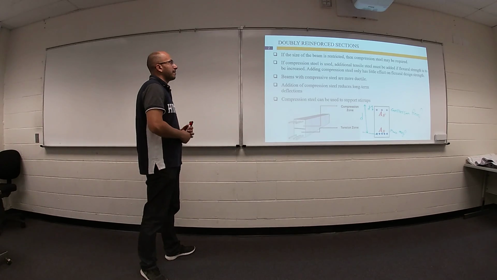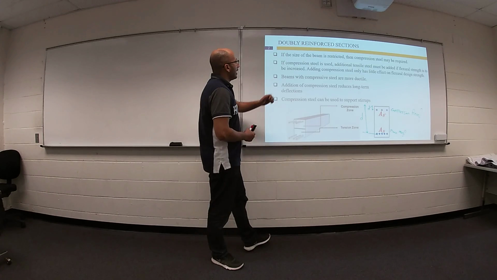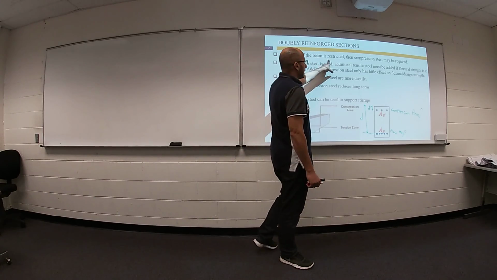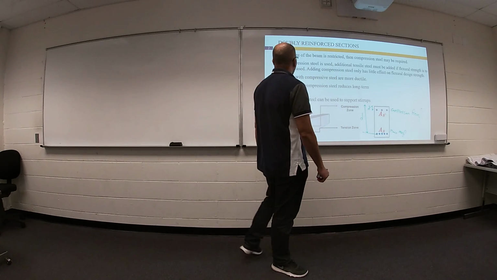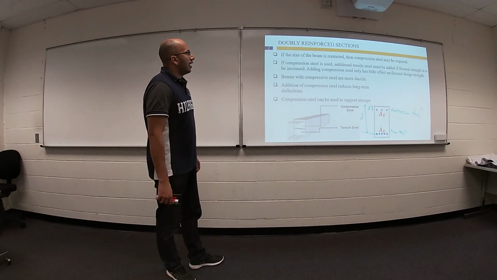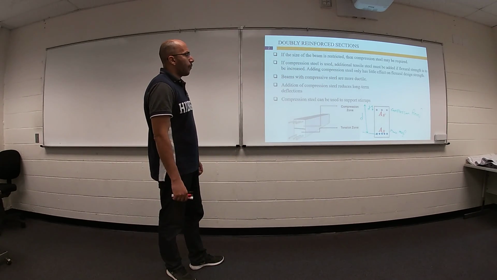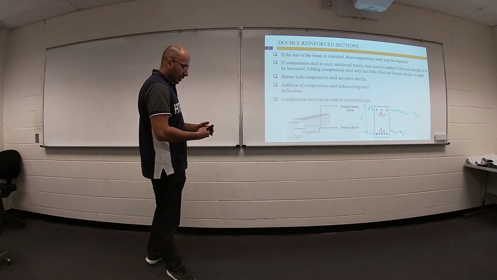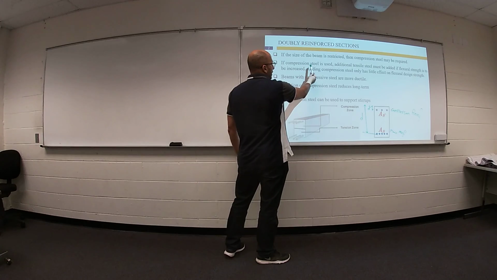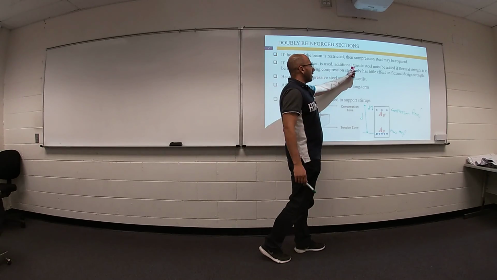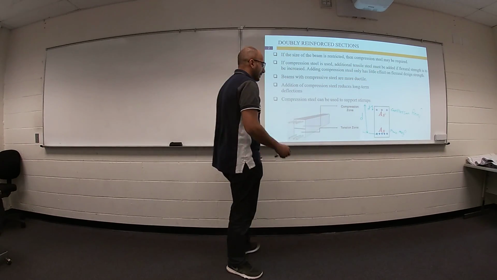So if the size of the beam is restricted, then compression steel may be required. This information is important. If compression steel is used, additional tensile steel must be added.